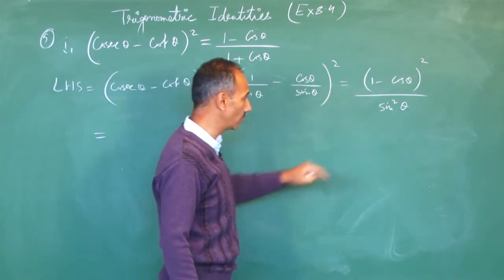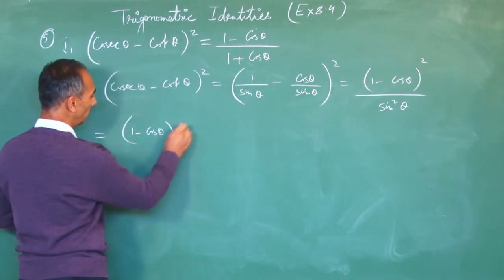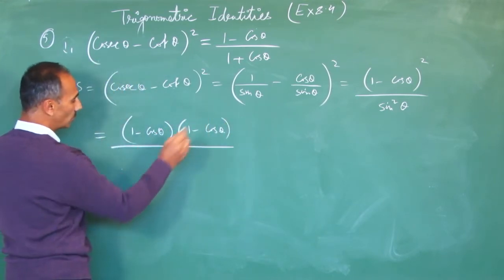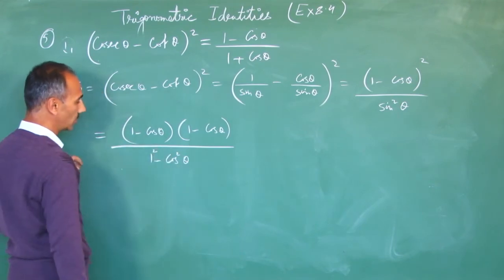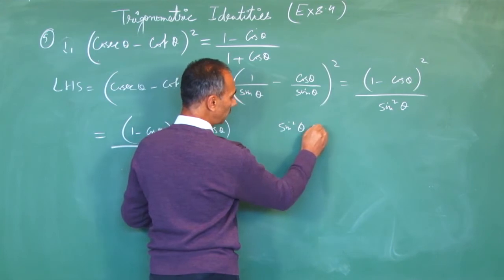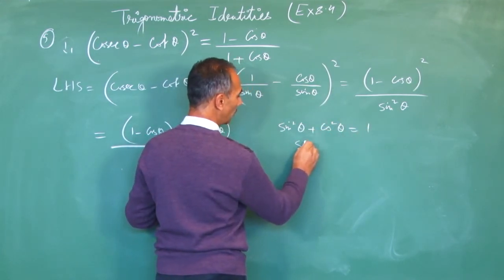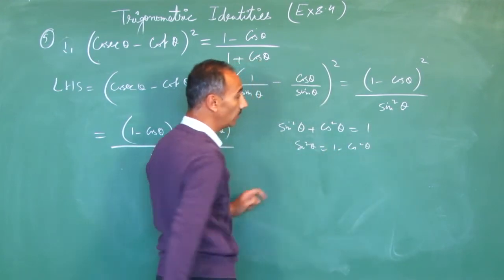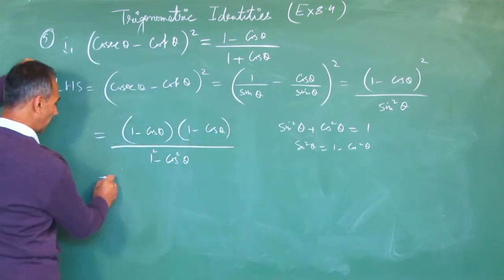You have sin square. Now see, 1 minus cos in the numerator is nothing but the product of 1 minus cos into 1 minus cos theta. Now sin square I could express as 1 minus cos square theta, in fact 1 square minus cos square. How come? My dear friends, the famous identity, sin square plus cos square is 1. So your sin square theta is 1 minus cos square theta. Why am I doing this? I am doing this to prepare 1 plus cos in the denominator.